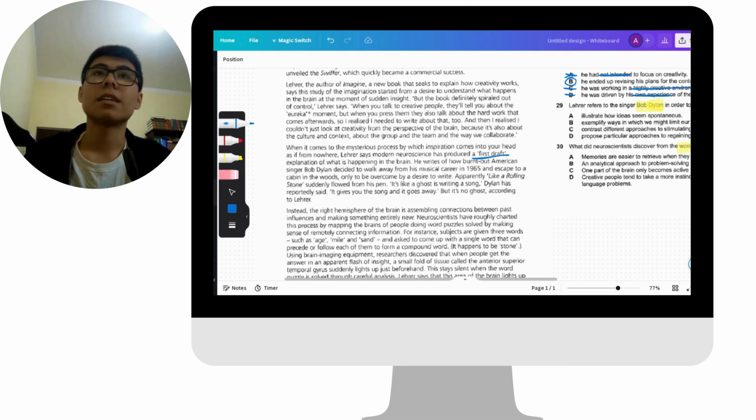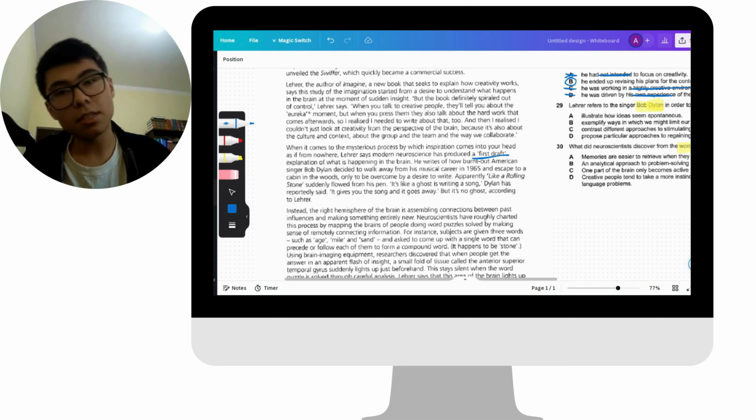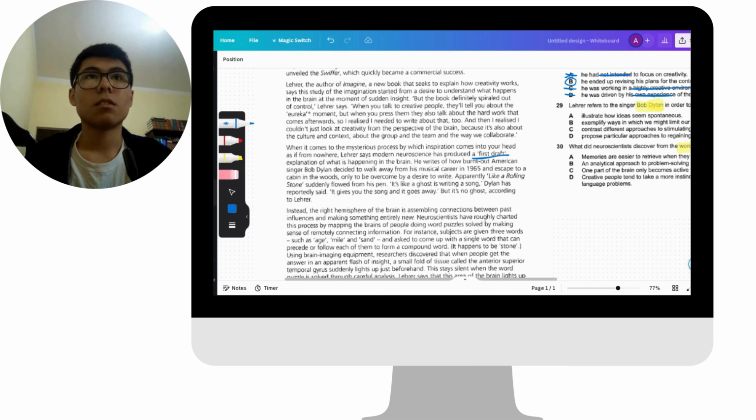So why did Lehrer refer to that singer, Bob Dylan? Because of how he suddenly came up with this sort of inspirational idea, in my opinion, how he suddenly wanted to get away from music and go to writing, even escaping to a cabin in the woods, right?